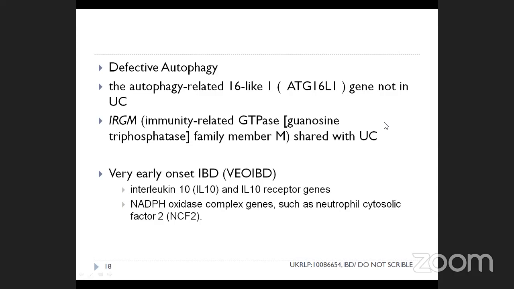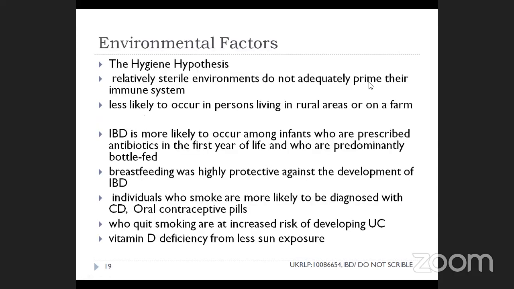And coming on to the environmental factors, any genetic mutation needs an environmental trigger, which has to be identified, which has to trigger the disease process. There is a hypothesis called the hygiene hypothesis. That means the immune system of the body is not primed in the early ages, and that's the reason for the inflammatory bowel disease in early adulthood.